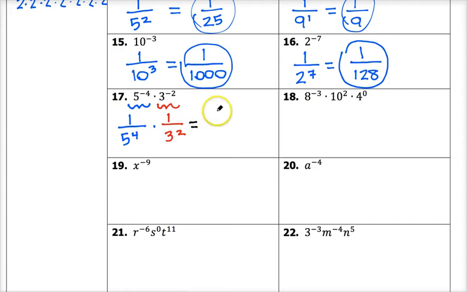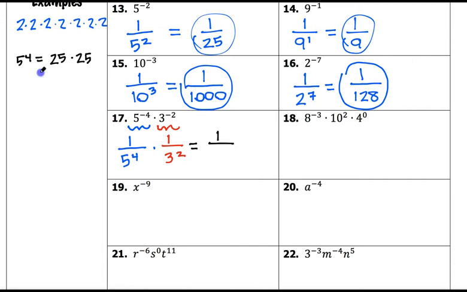So now, 1 over 5 to the 4th power, well, 5 to the 4th power would be 5 times 5 times 5 times 5, or 25 times 25. And when I do 25 times 25, I get 625. So this becomes 1 over 625 times 1 over 3 squared, which is just 1 over 9.